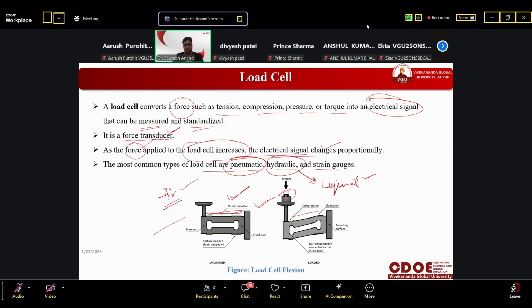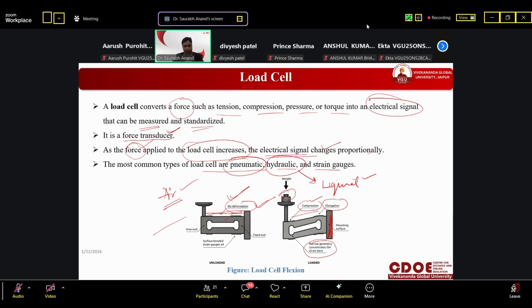So there is compression. There was no deformation at that time. After compression, this elongation means the change like this. This is mounted wherever we want to mount, and the narrow geometry concentrates the strain here.